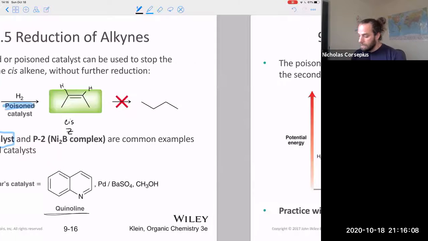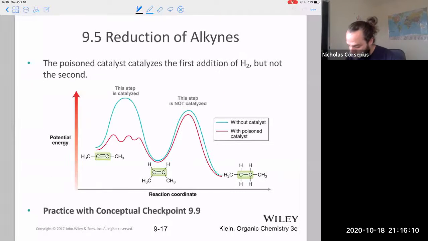So then obviously the next, well, I guess just to illustrate this in terms of our free energy diagrams here, even when we were talking with alkenes, we had noted that we have to have a catalyst, because even if we started with an alkene, that barrier without a catalyst is really, really high, right? So we used a catalyst to decrease that activation energy. So this is an example of what it would look like with one of our poison catalysts or with Lindlar.